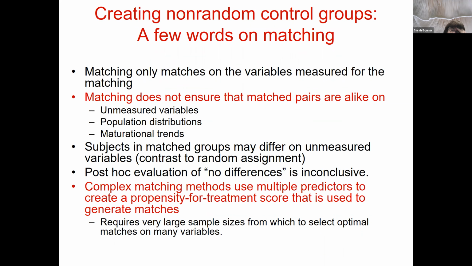Then I want to make just a couple of final comments about whether there are things that you can do in your composition of groups that will approximate randomization without actually being randomization. And these come down essentially to matching and statistical control.